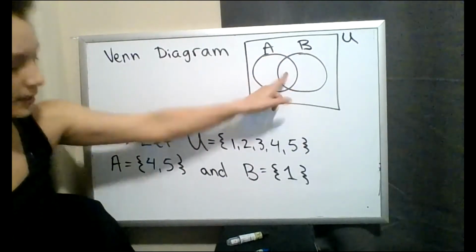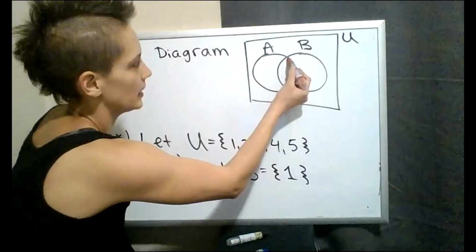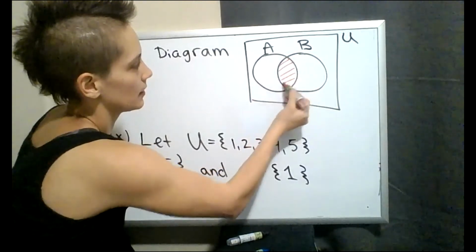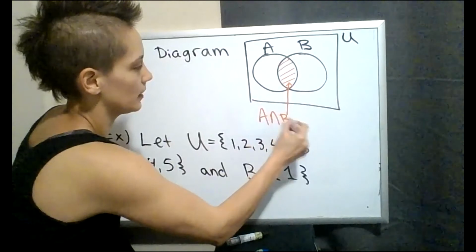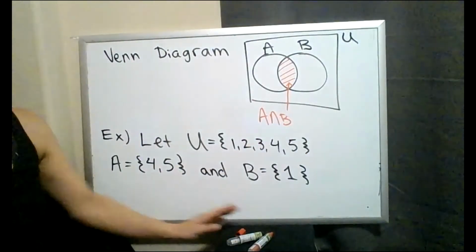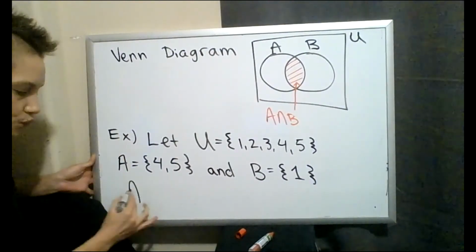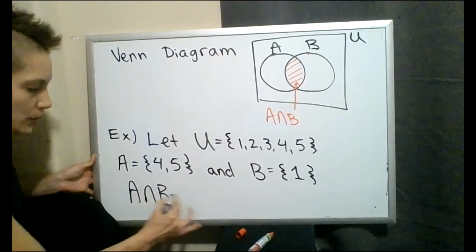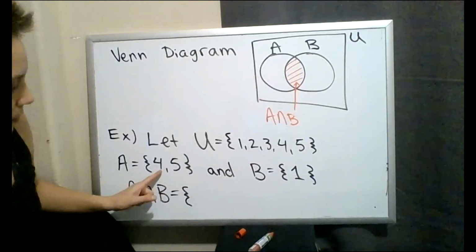That's the intersection. So this part right here is A intersect B. But this time we're going to have A intersect B. You start your set, and what's inside? A has 4, 5.